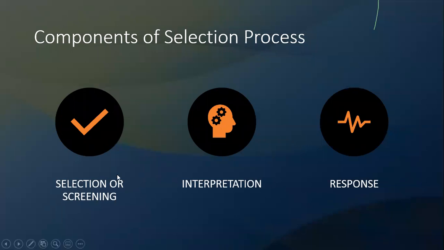So the first thing that will happen is what we call selection or screening, which is that you would either see something or feel something. Remember that we're using the 5 senses to perceive. So either you smell something, you see something, you hear something, you touch something, or you taste something. Your senses interact with the stimulus.